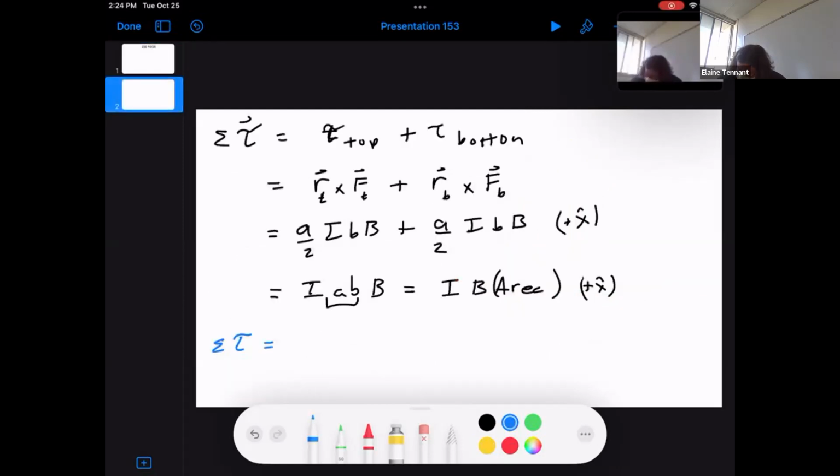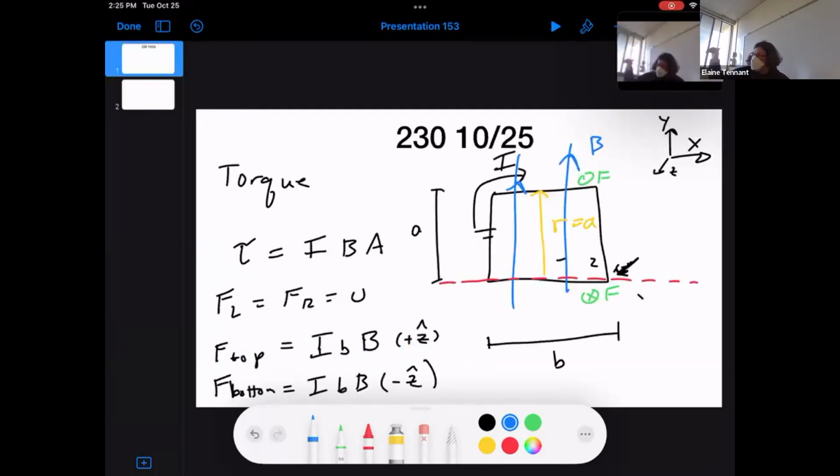Okay, so when we calculate the torque in this manner, the bottom would go away, but the top, now the radius would be A, the force would be the same thing, and if you do an R cross F, the direction would be the same as well.